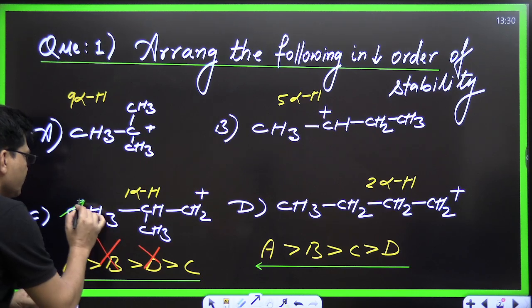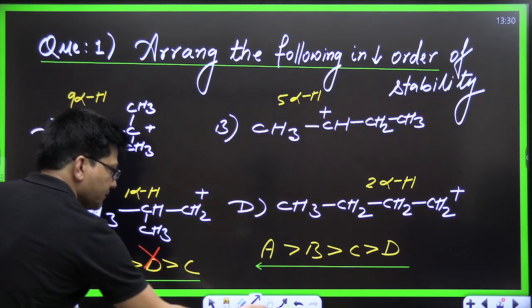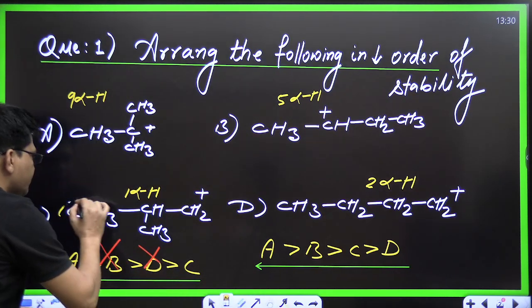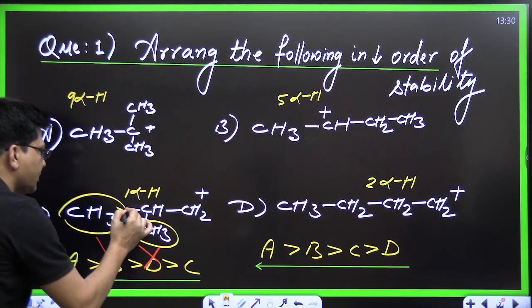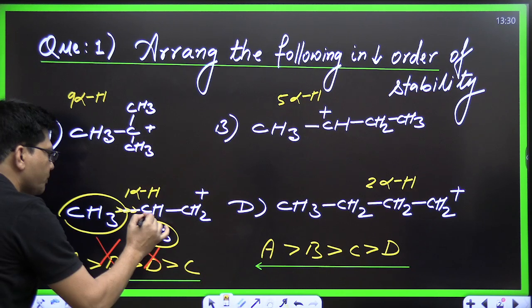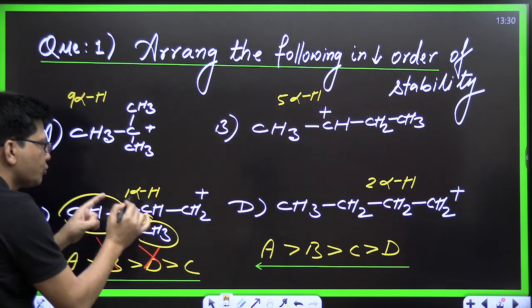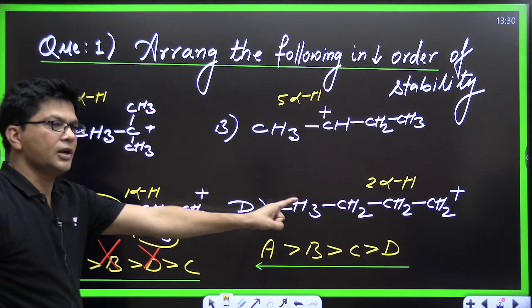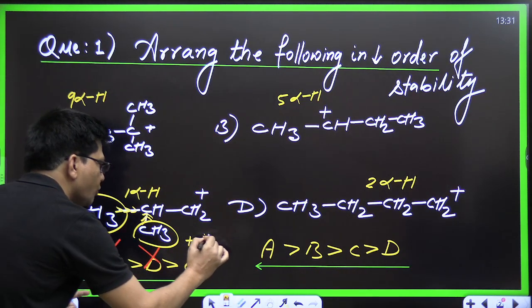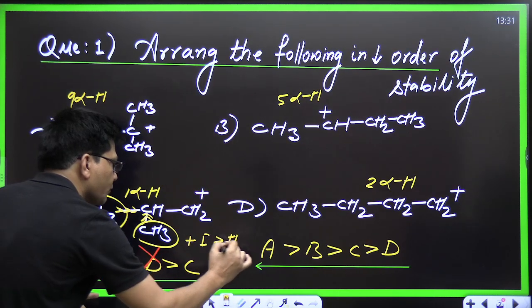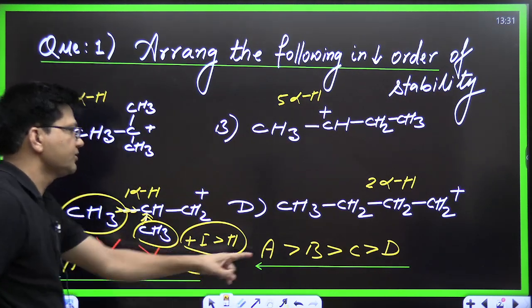You can just see that at this place there is one alkyl group, at this place there is one alkyl group, and they are giving electrons through plus I. So there are 2 alkyl groups and there is only one alkyl group.